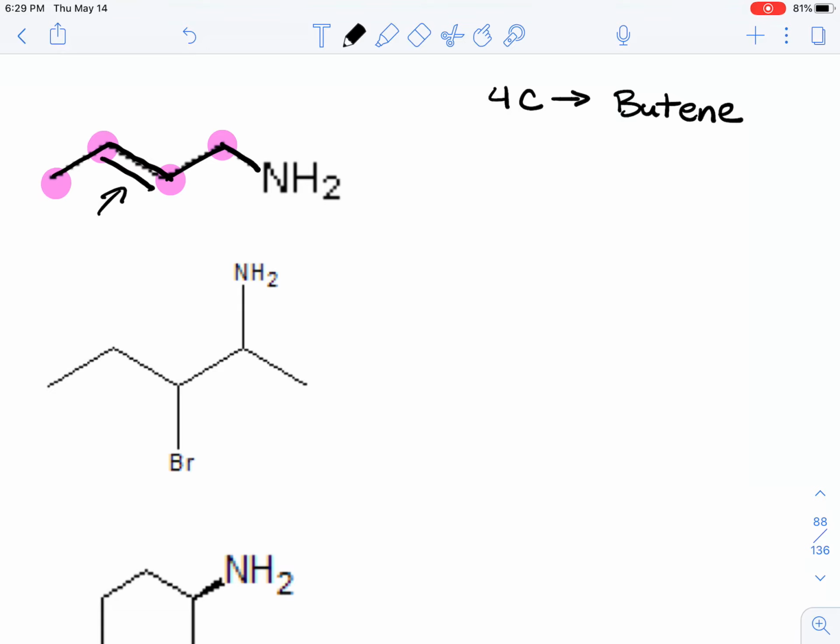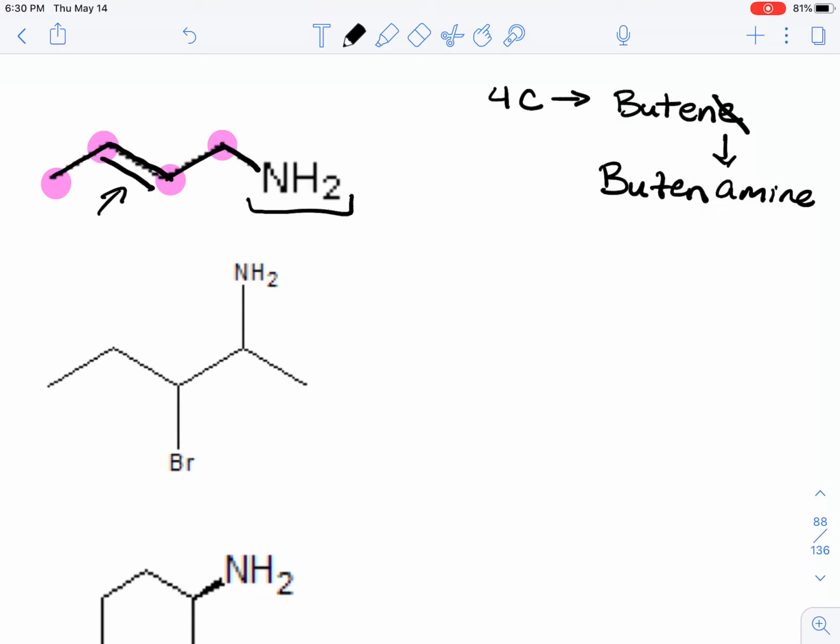And since I have an amine, very similar to the butane version, I have to drop the E and add amine. And so this is butenamine.